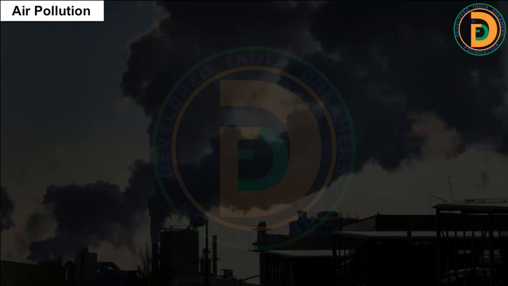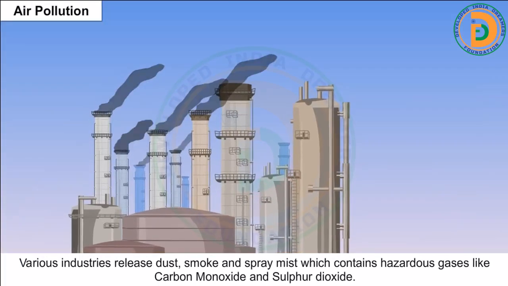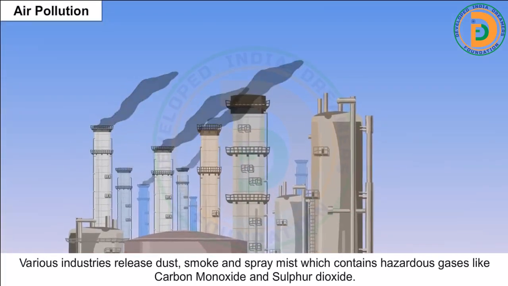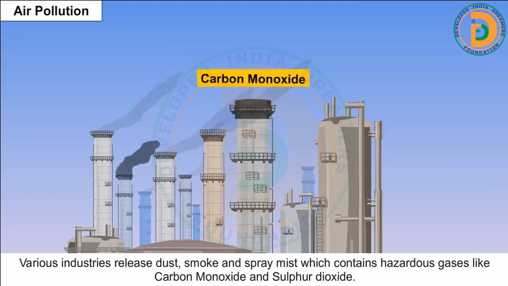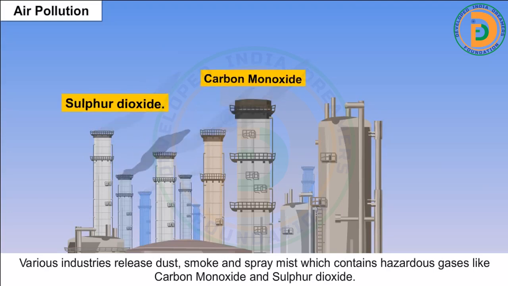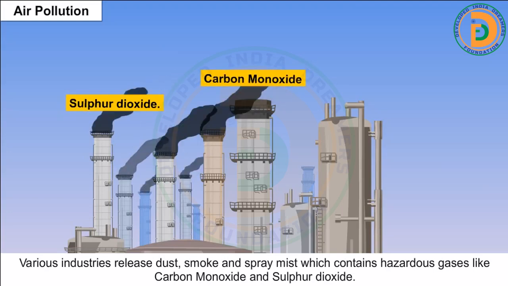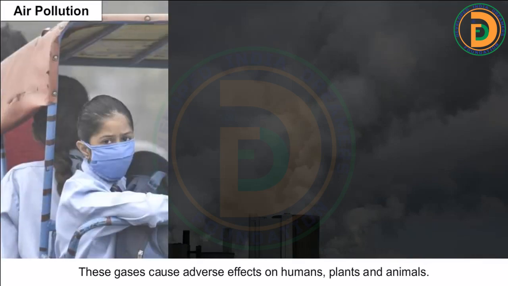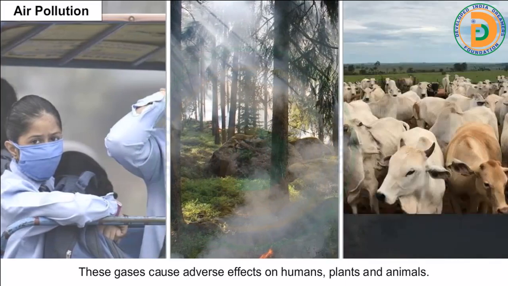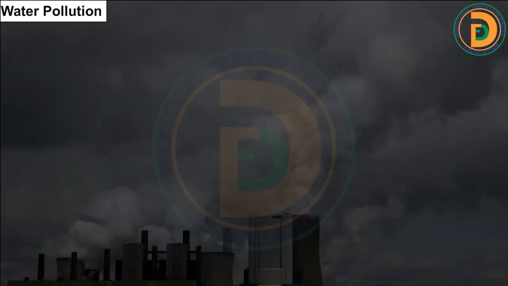Air pollution. Various industries release dust, smoke, and spray mist which contain hazardous gases like carbon monoxide and sulfur dioxide. These gases cause adverse effects on humans, plants, and animals. Water pollution.